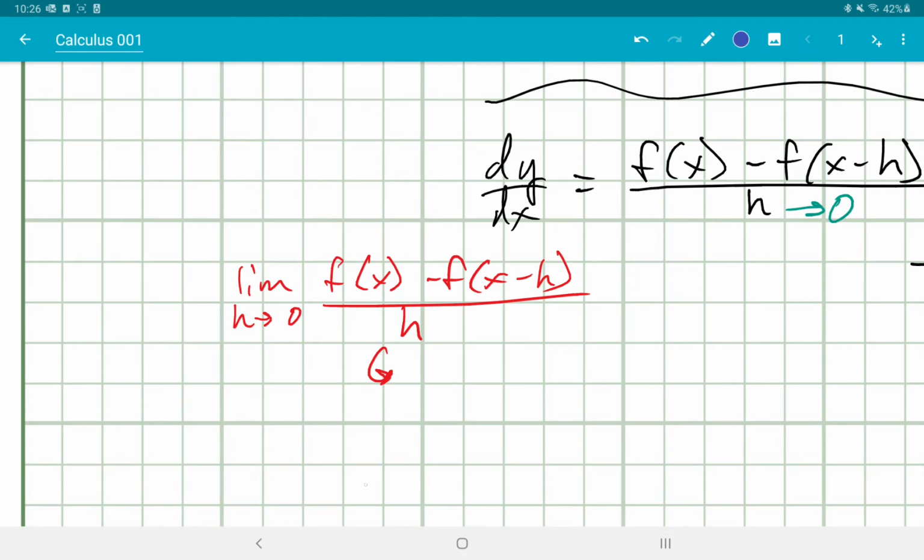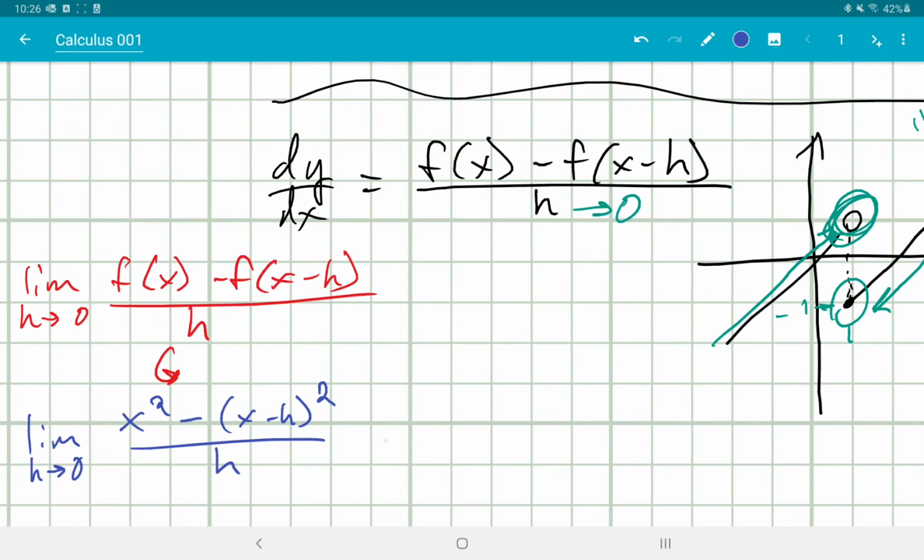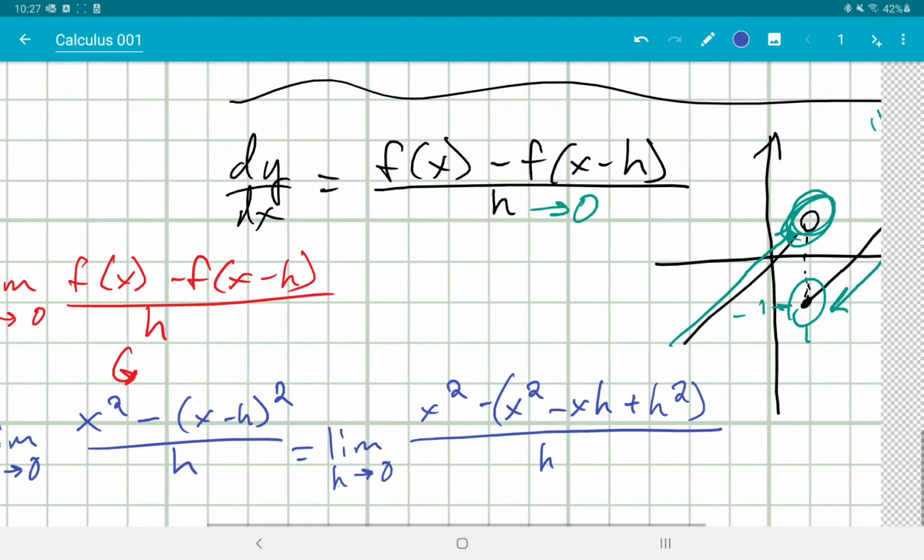Not as nice as green, but limit as h approaches 0 of x squared minus x minus h squared over h. All right, so that's the limit as h approaches 0 of x squared minus x squared minus xh plus h squared over h.